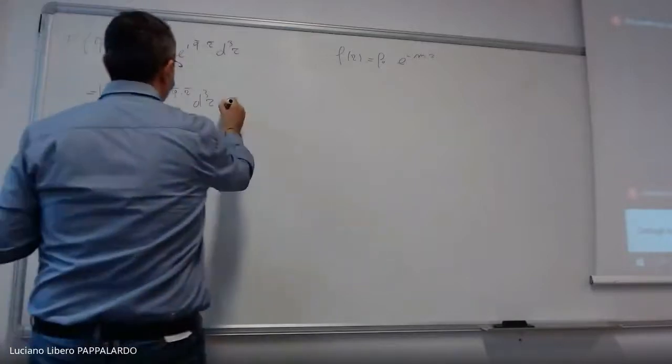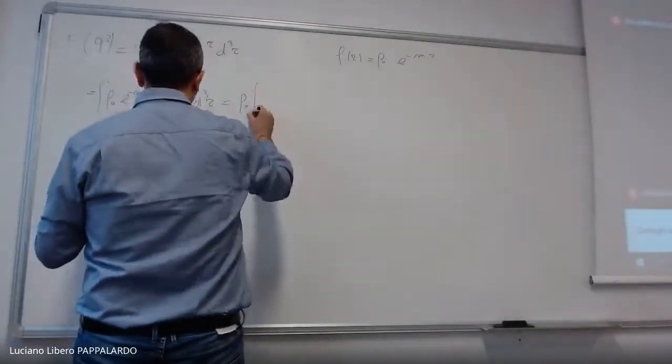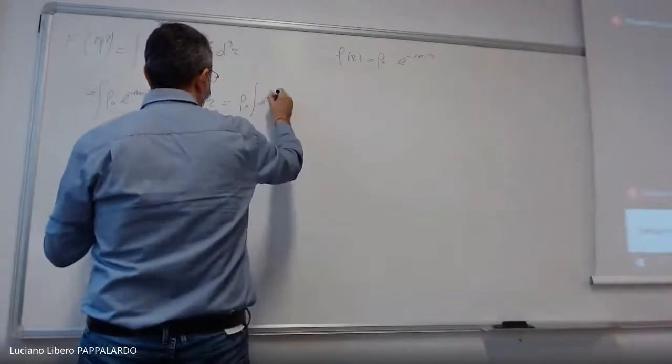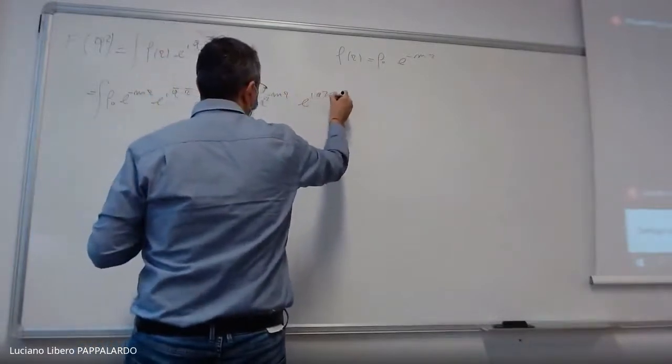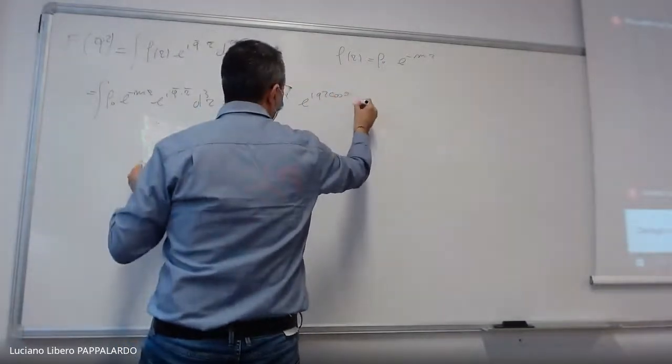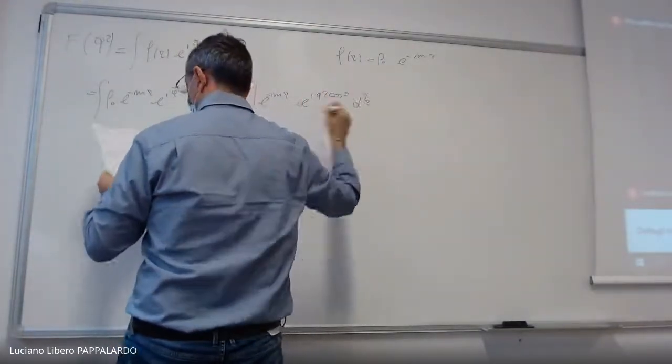Now we can put ρ0 outside. The integral is the integral of e to the minus r times e to the i q r cosine theta in d cube r.